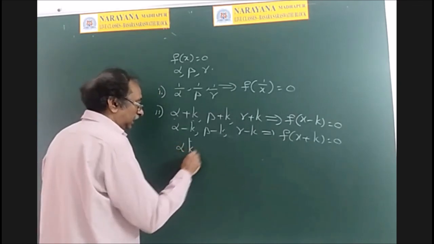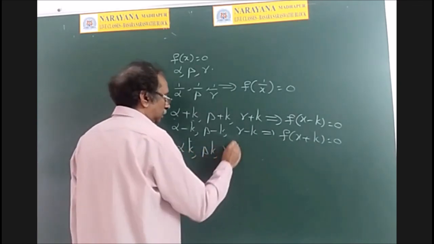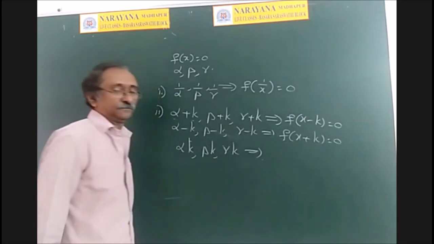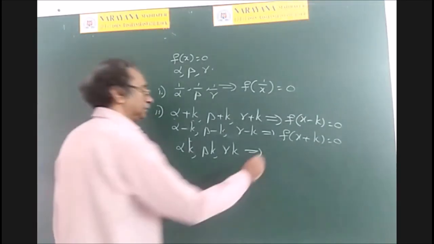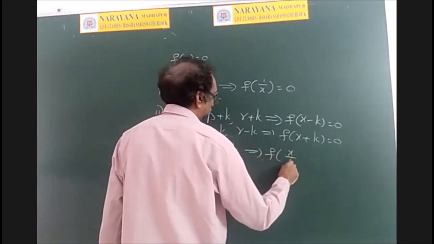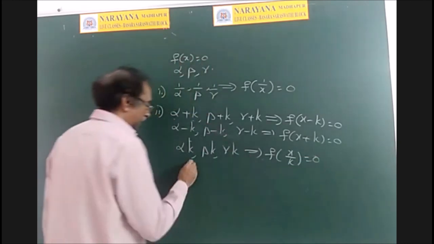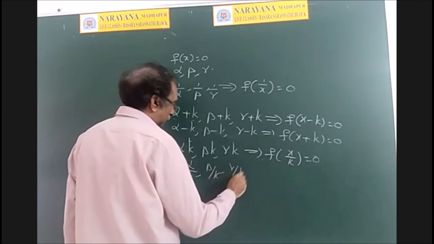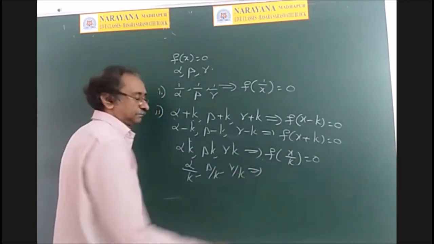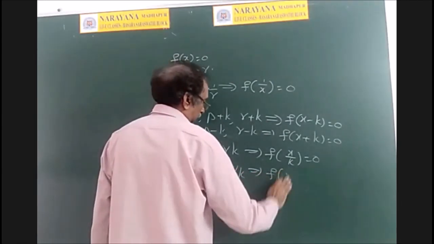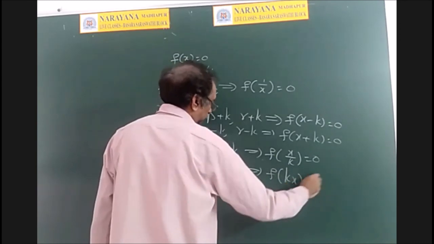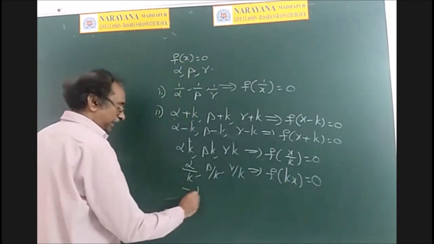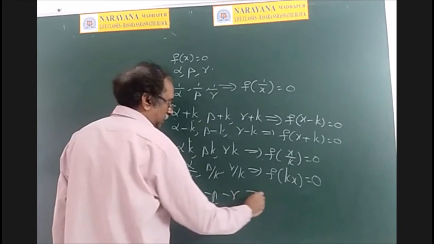So alpha k, beta k, gamma k are the roots of f of x by k, f of x by k is equal to 0. And alpha by k, beta by k, gamma by k, f of kx is equal to 0. Right, so minus alpha, minus beta, minus gamma.